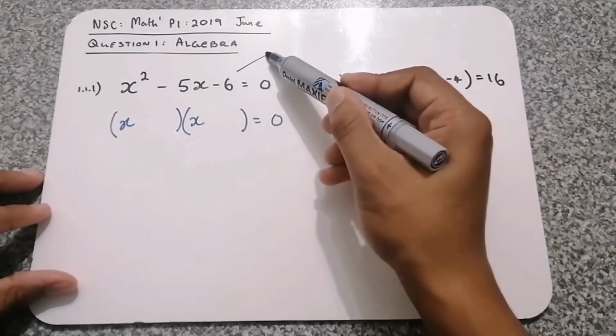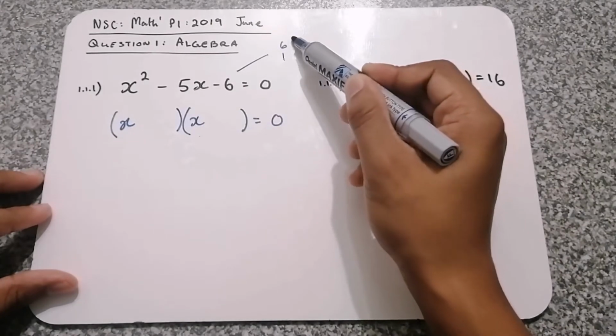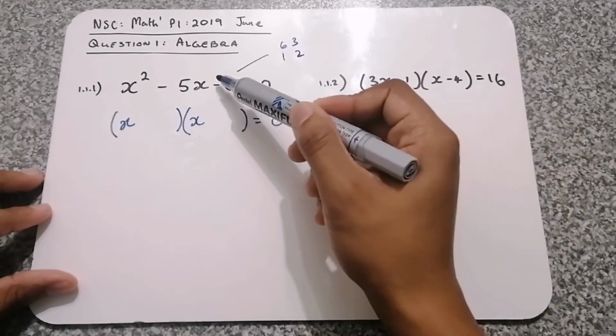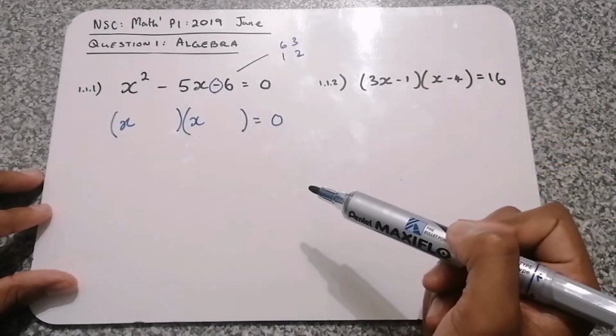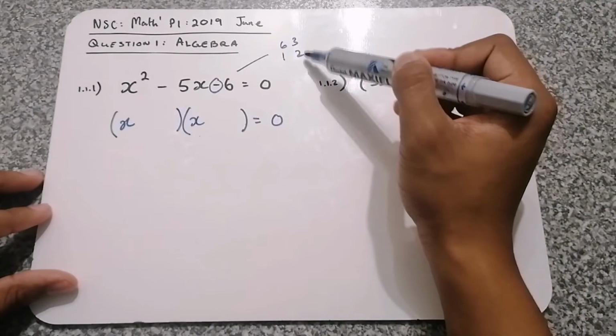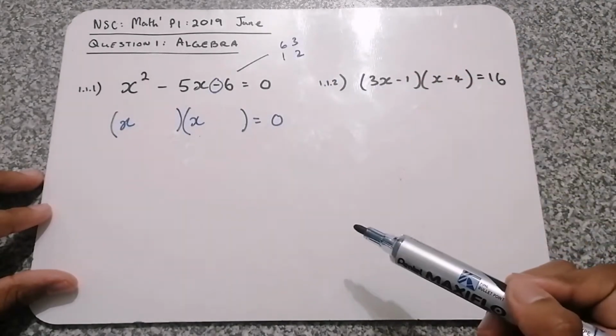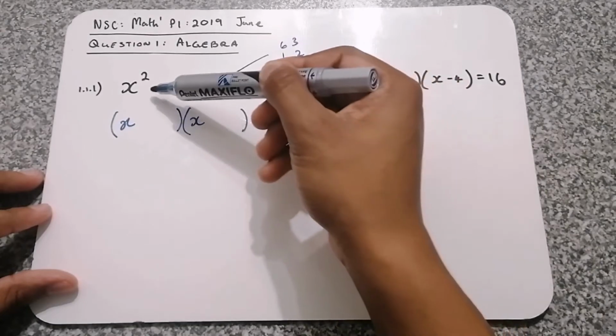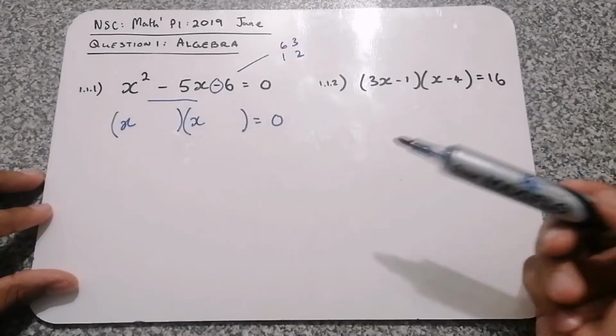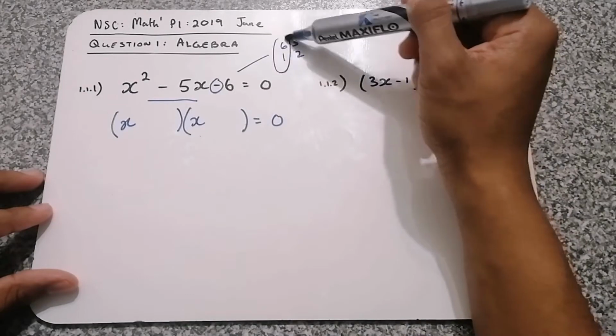So the factors of 6 are either 6 and 1 or 3 and 2. Now since we are minusing our factors, 3 minus 2 gives us 1, or the other way around, 2 minus 3 gives us negative 1. Neither of those is the one we're looking for. We're looking for negative 5. So I have to look at my other pair, 6 and 1.